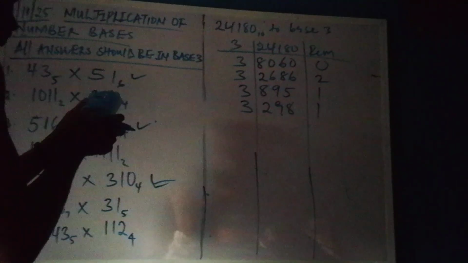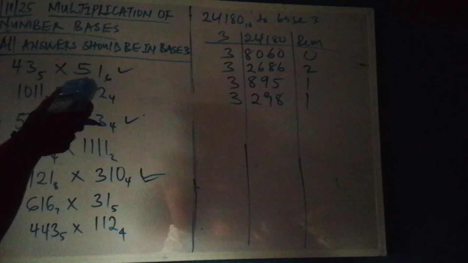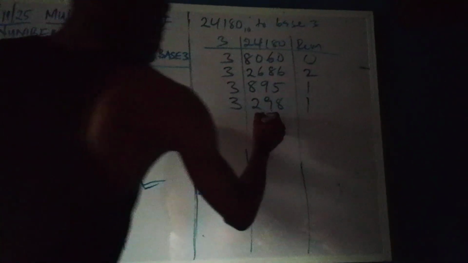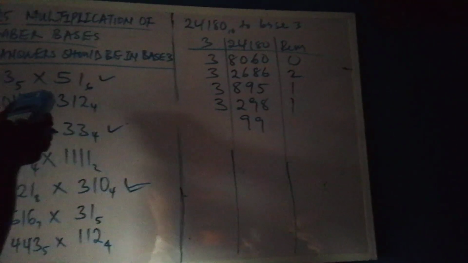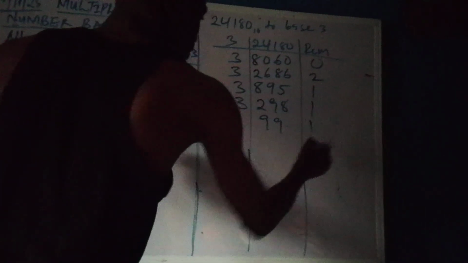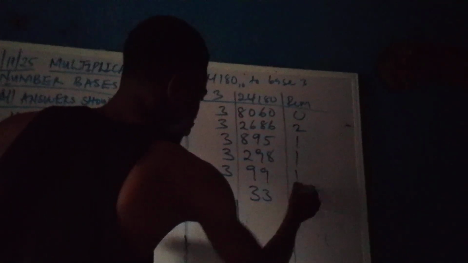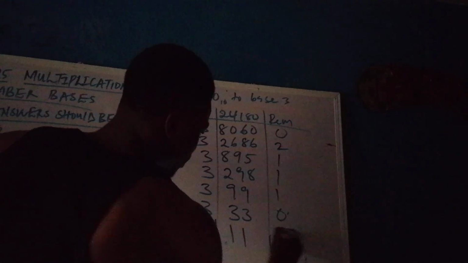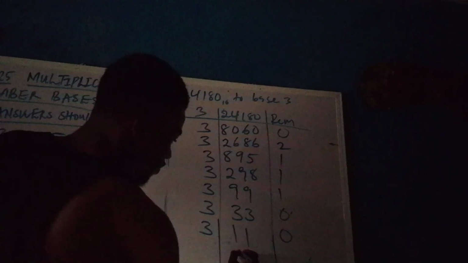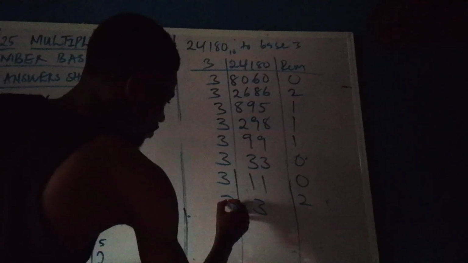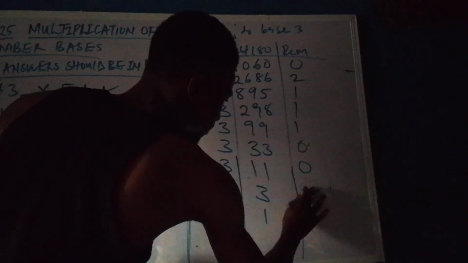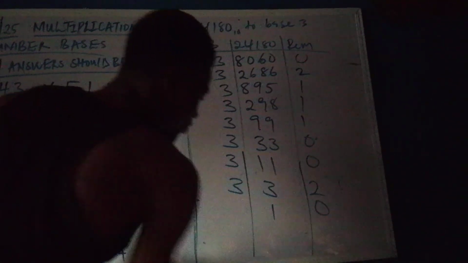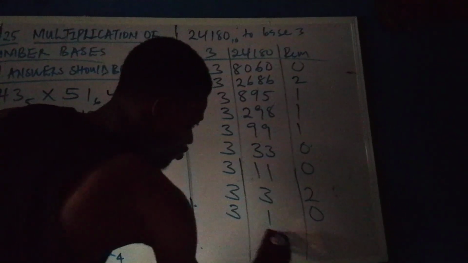So divide by 3 again. 298 divided by 3 is going to give us 99 remainder 1. So 99 divided by 3 again is going to give 33 remainder 0, and 3 again 11 remainder 0, and 3 again is going to give 3 remainder 2, 3 again 1 remainder 0, and 3 again 0 remainder 1.